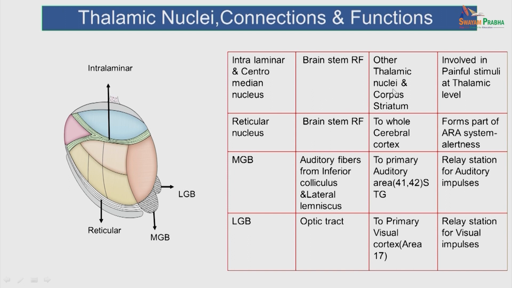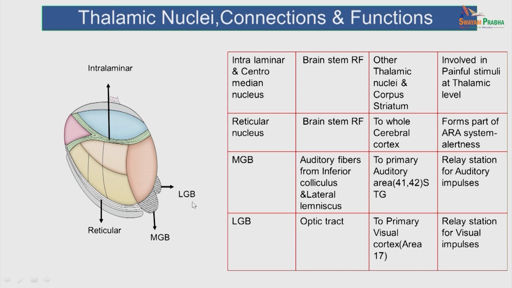The efferents are sent to all the other nuclei of the thalamus, and it is mainly involved in painful stimuli at the thalamic level. The painful stimulus can be felt at two levels, one at the thalamus and one at the cerebral cortex. So, this nucleus will handle the painful stimulus which the person experiences at the thalamic level.